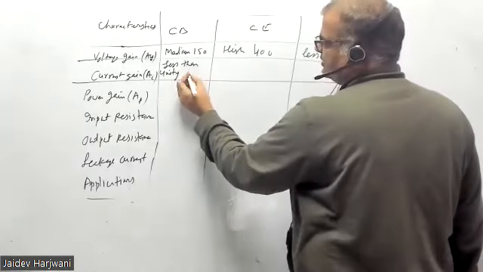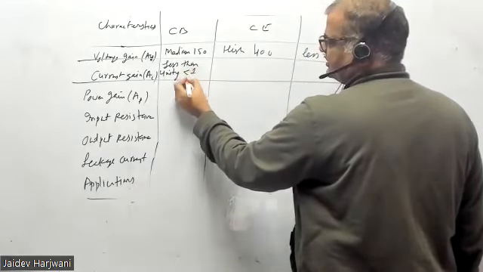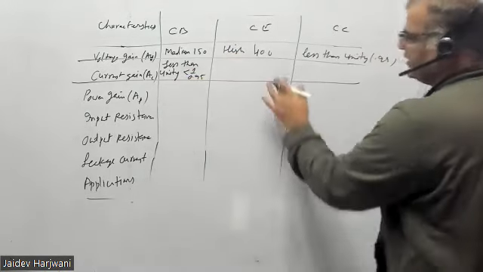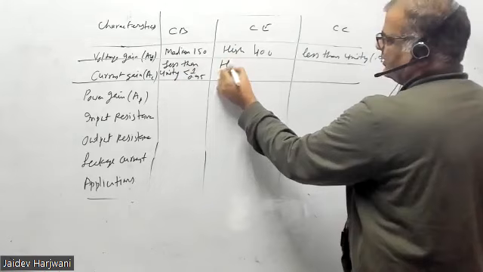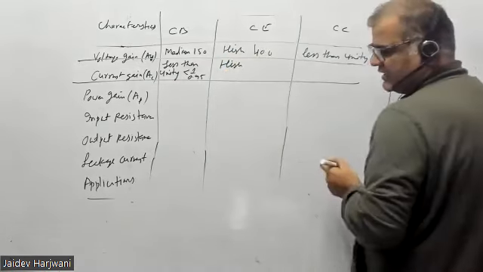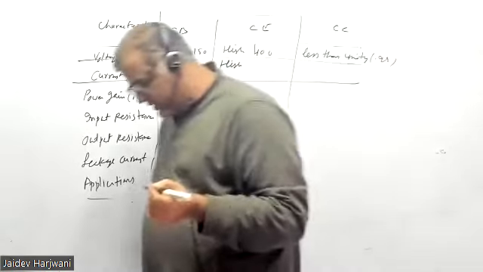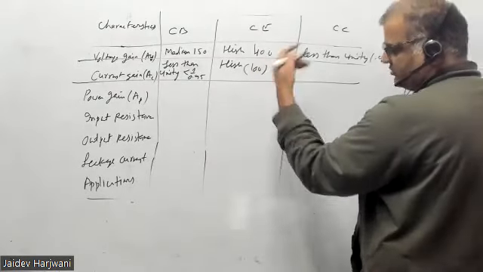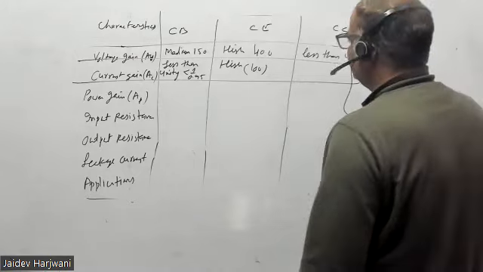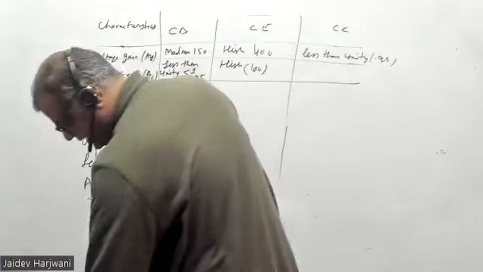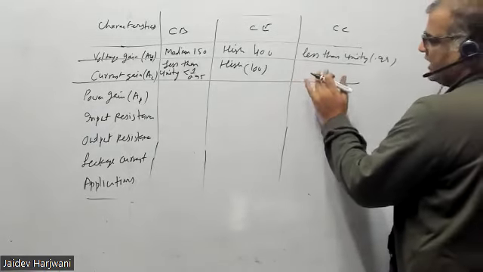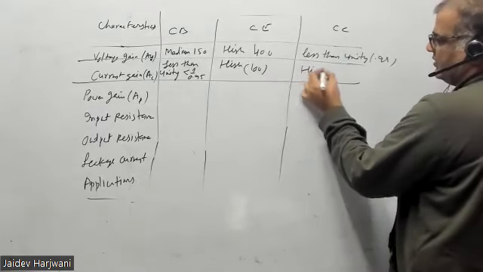Input current is IE. That is, say, less than 1: 0.95, 0.9, 0.8. And here current gain is very high, because the input current is IB, IC by IB. Roughly I am taking 100, but it's not 100. Some books give you 500, but we cannot compare. And here, same thing: input current is IB, output current is IE, so it's also high, around 100.